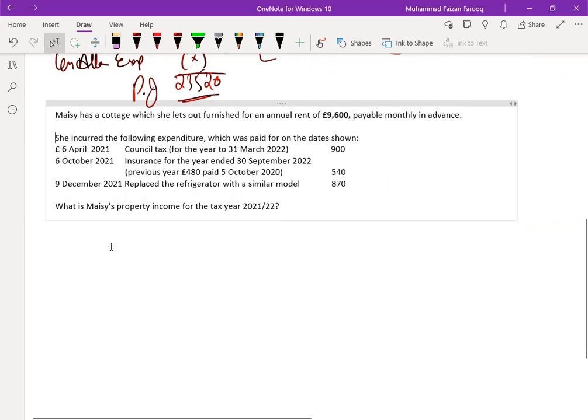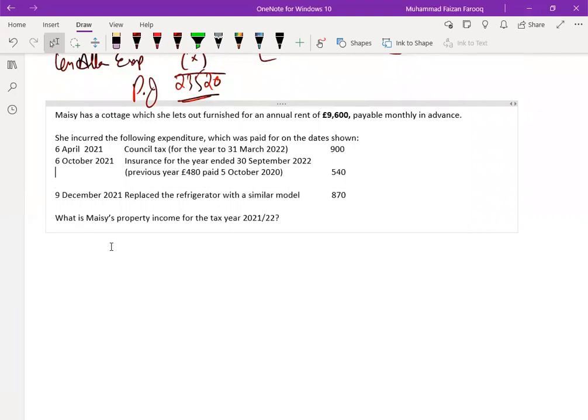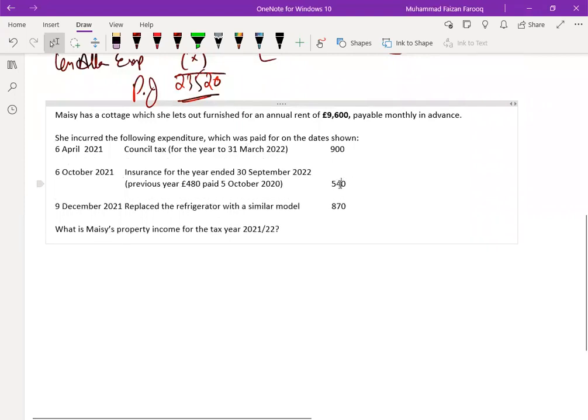She incurred the following expenses, which were paid on the date shown. 6th April 2021, council tax for the year to 31st March 2022, £900. 6th October 2021, insurance for the year ended 30th September 2022, previous year £480, paid 5th October 2020, which is £540. 9th December 2021, replaced the refrigerator with a similar model, £870. What is Macy's property income for the tax year 2021 to 2022?